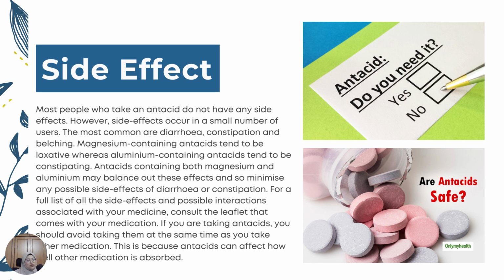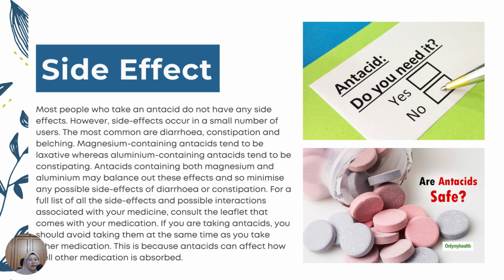Okay, next are the side effects. Anything we take in this world has side effects. Most people who take antacid do not have any side effects. However, side effects occur in a small number of users. The most common are diarrhea, constipation, and belching. Magnesium-containing antacids tend to be laxative, whereas aluminum-containing antacids tend to be constipating.